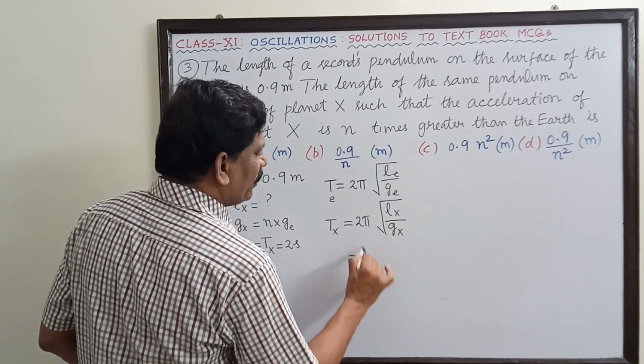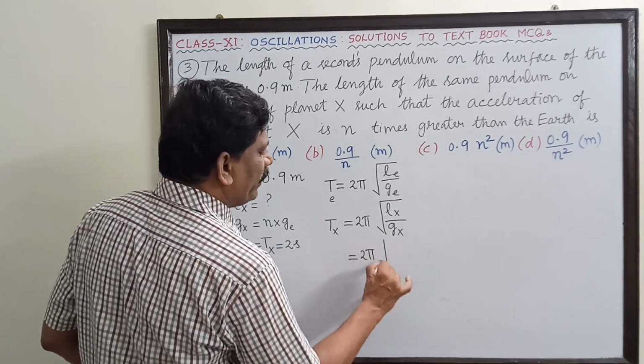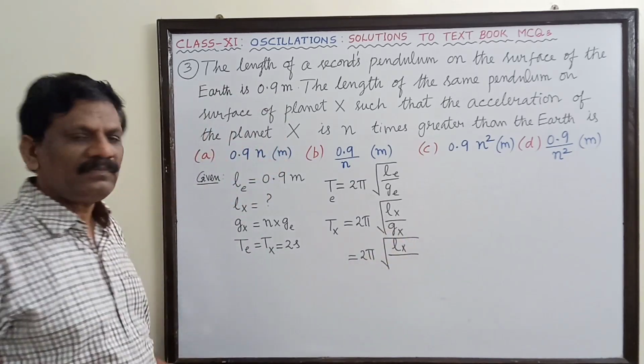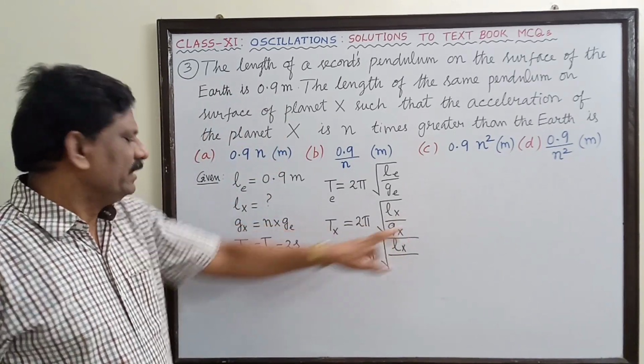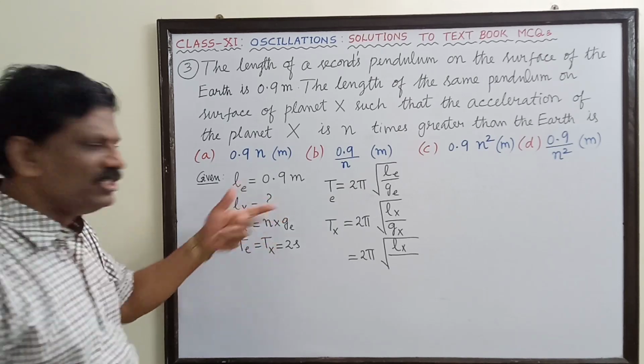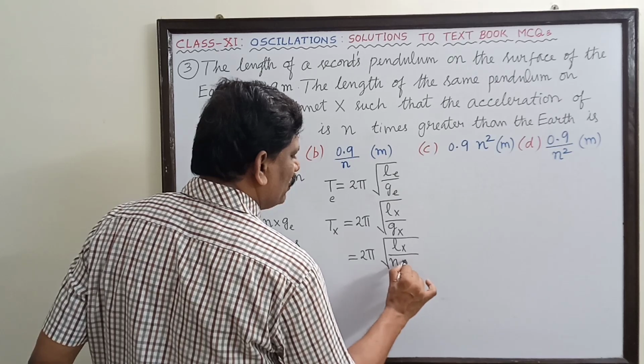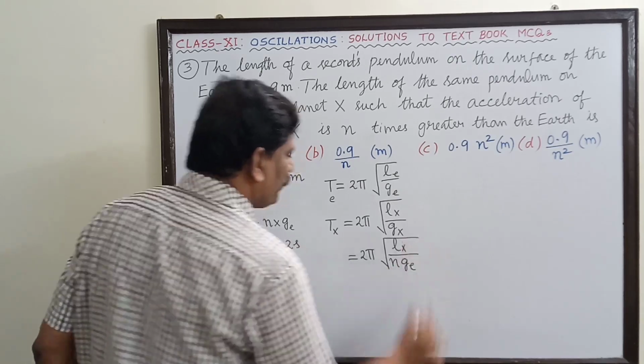So this is also equal to 2 pi into square root of L_x divided by, instead of g_x, I can substitute n times g_e.